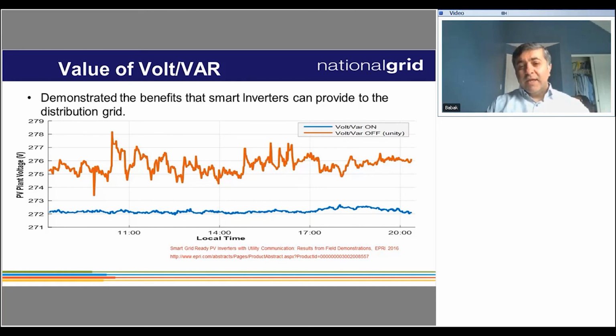So it's a cloudy day, and the voltage fluctuation here is going crazy, but when we turn on volt-var, you see the voltage is improved. When I say improved, I mean the voltage fluctuation is improved, so therefore the system power quality is improved as well.